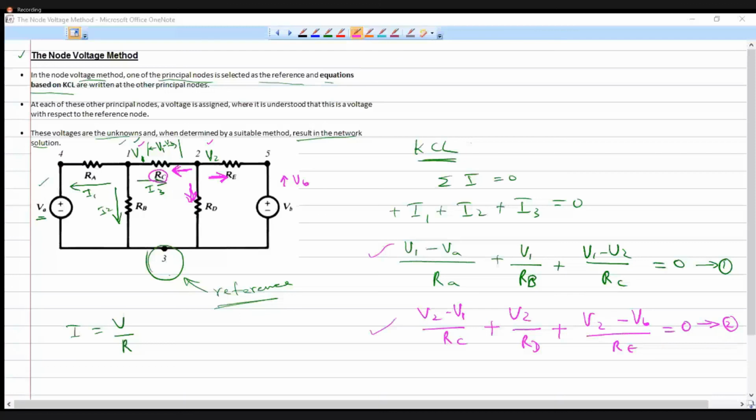So in chat message, you can say. Matrix method. I hope that's the answer for matrix method. Matrix method cannot save time, but we can use it for writing programs in computer. Okay.